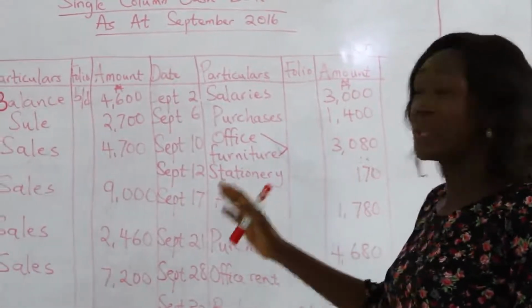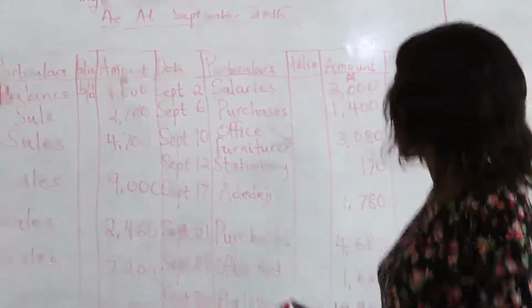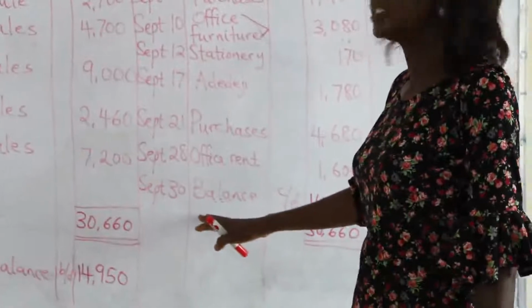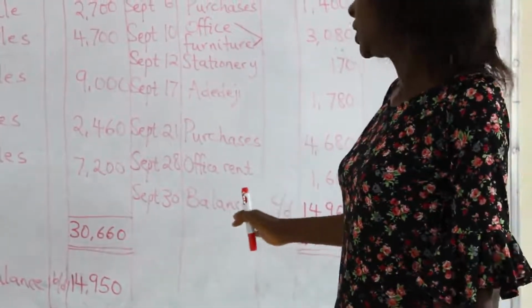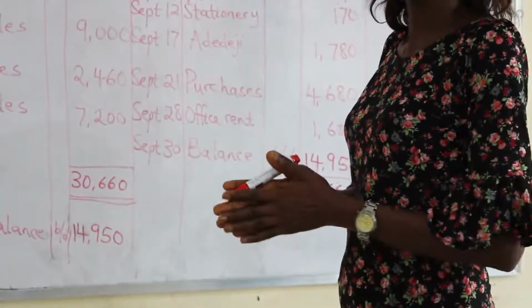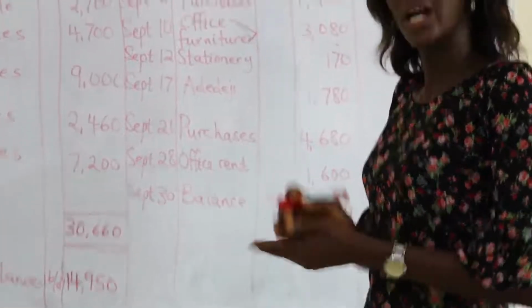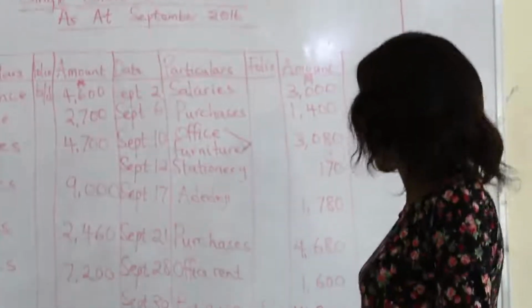And so when all your receipts are higher than your payments, you are going to have a debit balance, a debit balance which shows that you have an asset with you, which is your cash in hand. And that is what has played out in an illustration here.